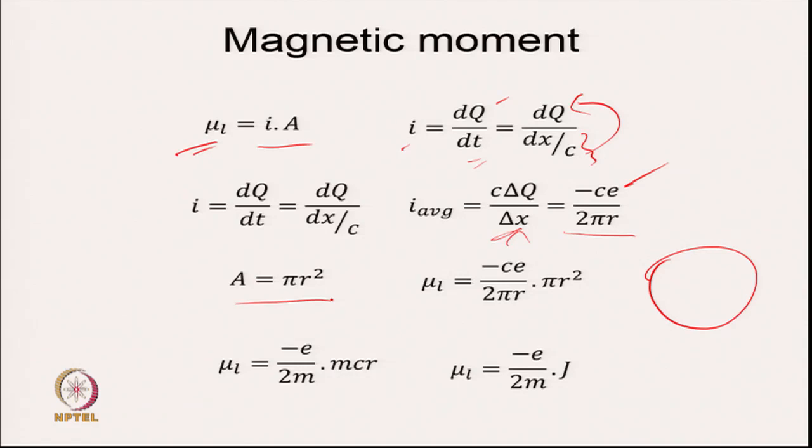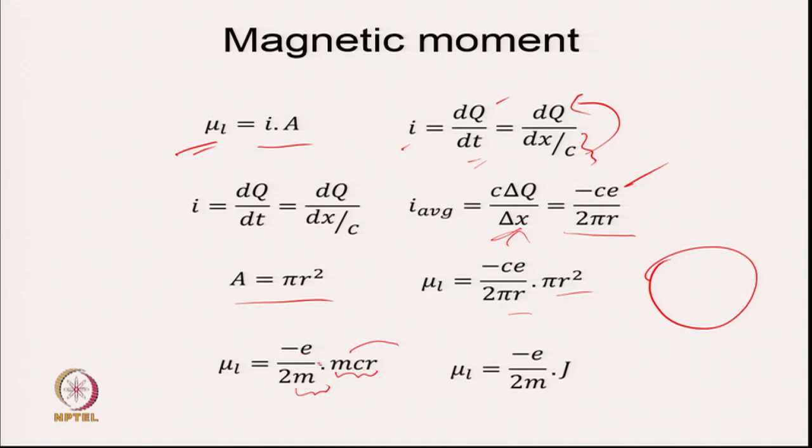For this circle, area is pi r square, and so mu L, the orbital magnetic moment, will be equal to minus c e by 2 pi r into pi r square. Pi cancels out, one r cancels out. So, what I will get is minus e by 2 m times m c r. What we did is multiply numerator and denominator by m.